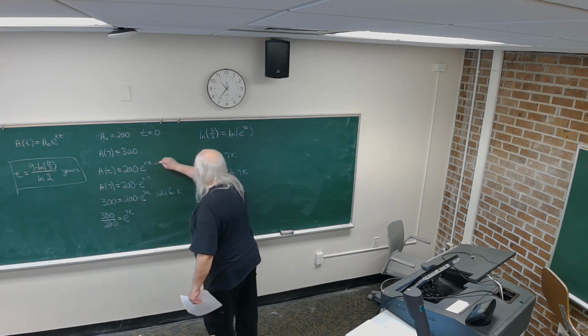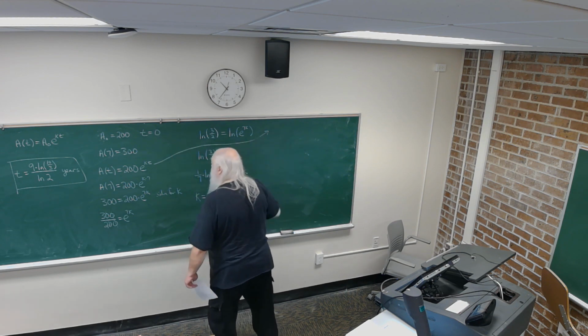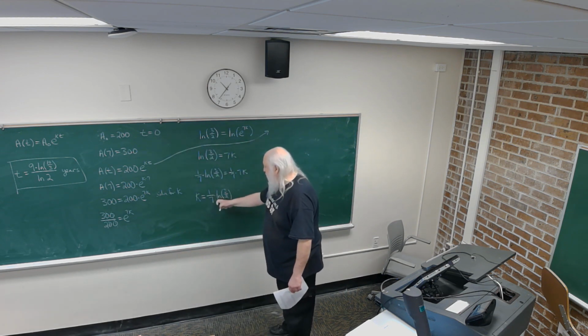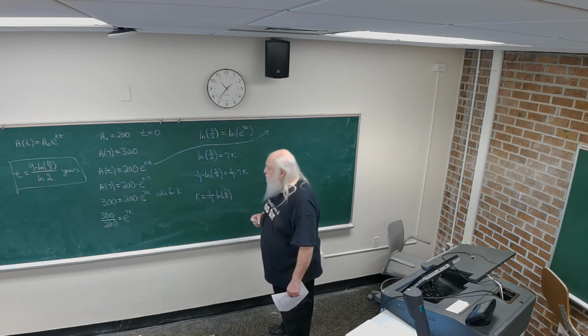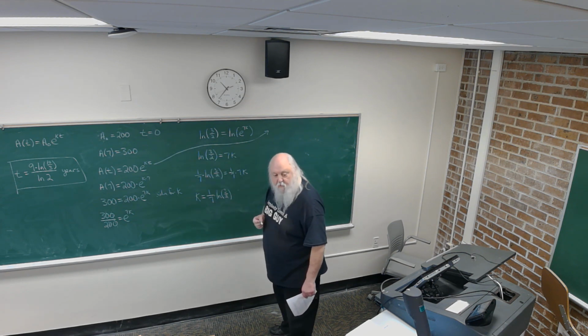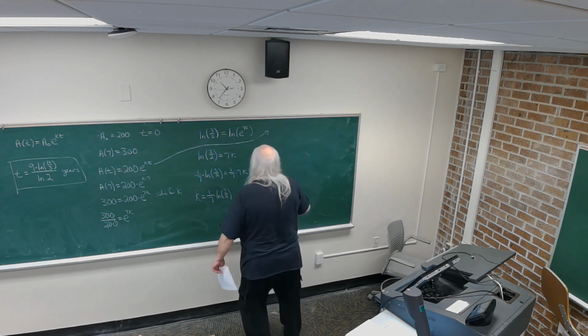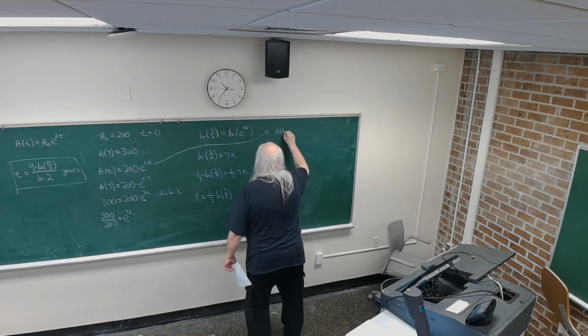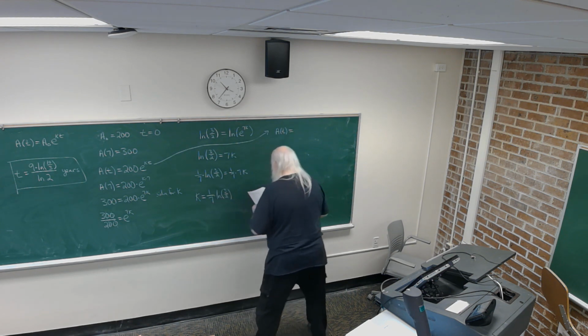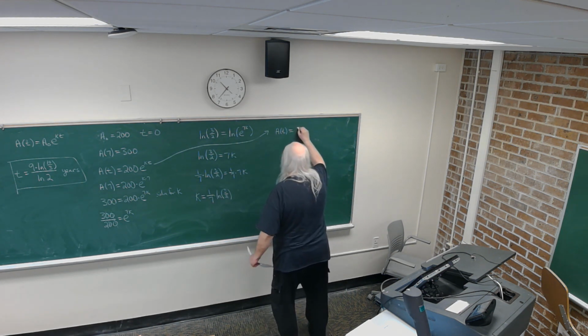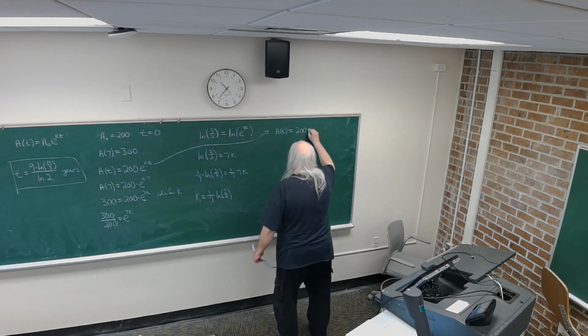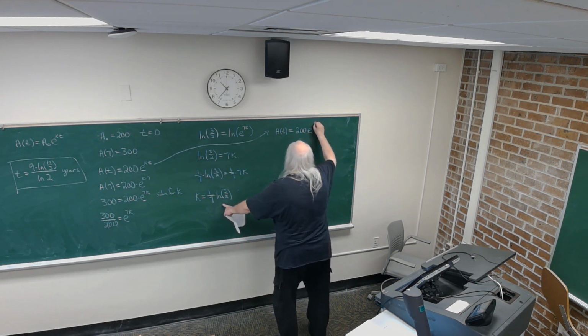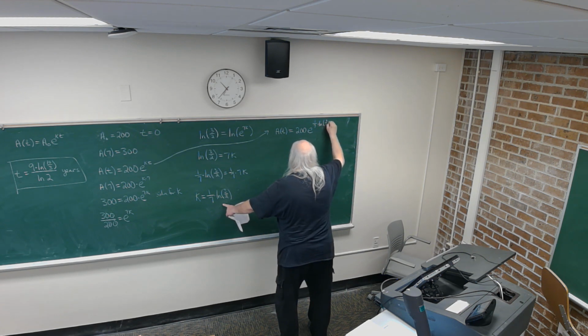So in our function here, we now replace k with 1/7 times the natural log of 3/2, and we have our exponential model for this problem. A of t is equal to 200, the initial quantity, times e to the kt power. Well, k is 1/7 times the natural log of 3/2, and then that gets multiplied by t.